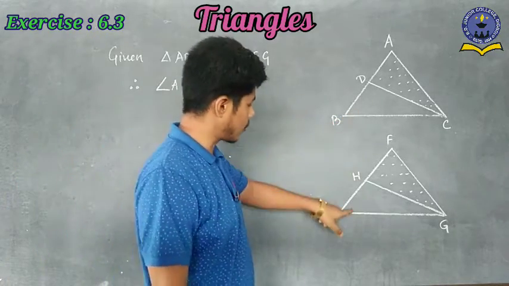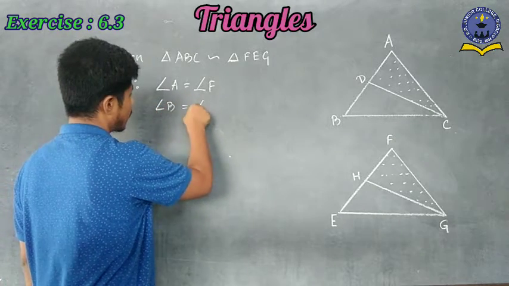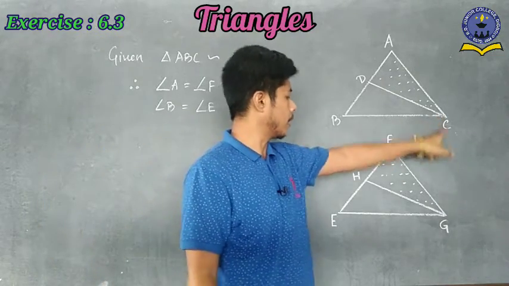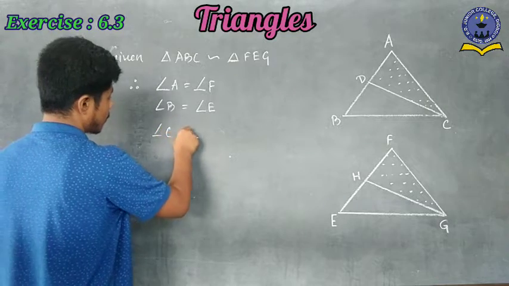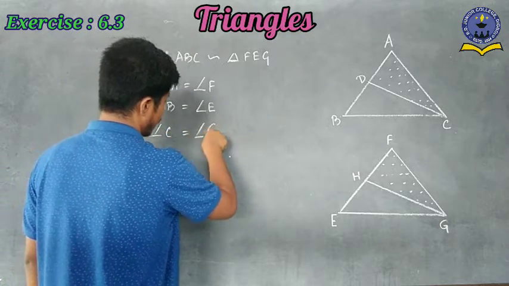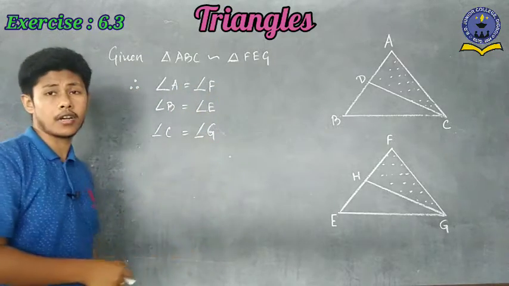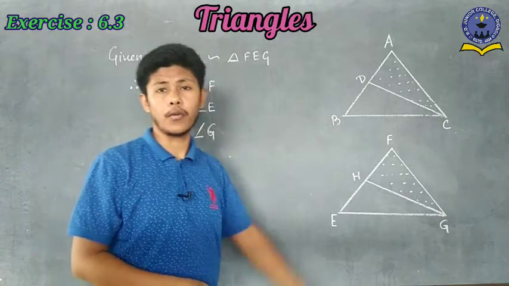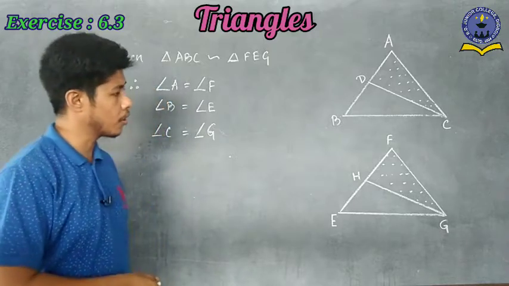And angle B is equal to angle E. And the last one is angle C is equal to angle G. According to our question, triangle ABC is similar to FEG, so these three angles are equal. We know this according to our similarity criteria.